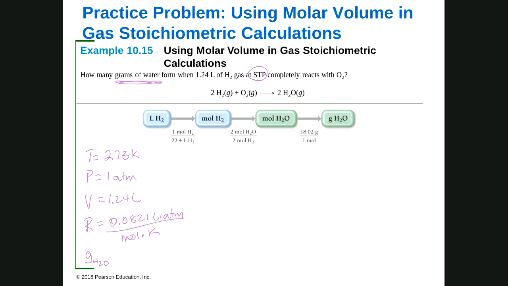Okay, and so it's given me what I need to figure out how many moles of hydrogen I have, right? So if I put that in there, I can figure out how many moles of hydrogen I have, and then once I do that, then I can put it in the stoichiometry using the ratios, and then figure out how many grams of water I have.